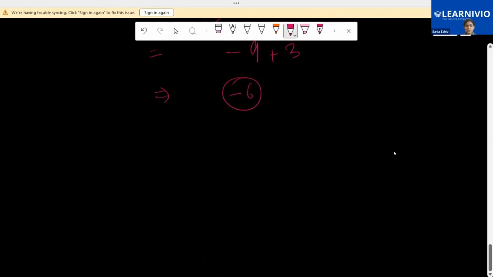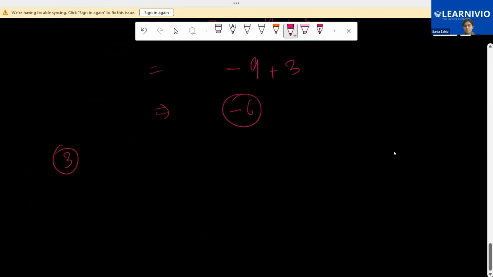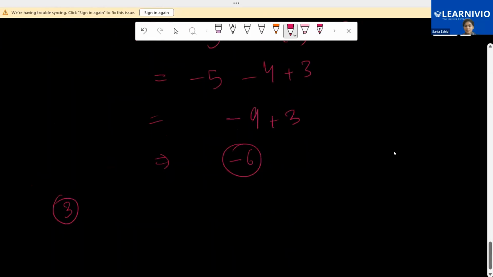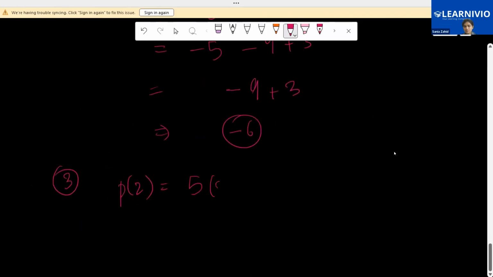I was doing the third one. No problem. You can tell me how you will do it. The value of x is 2. So 5 into 2 minus 4 into 2 squared plus 3.